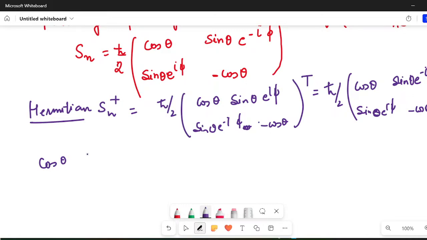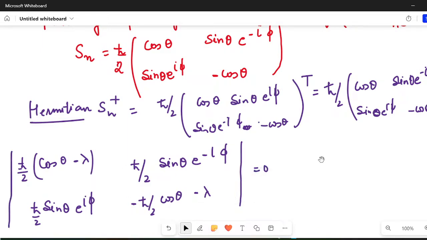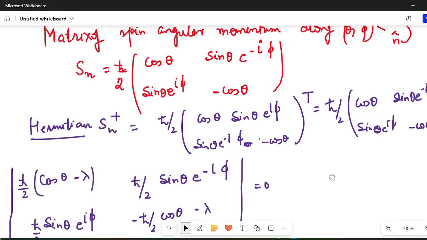It would be h cut by 2 cos theta minus lambda, and then you will have h cut by 2 sin theta e to the power minus iota phi, and here you will have h cut by 2 sin theta e to the power iota phi, and here you will have minus h cut by 2 cos theta minus lambda, this determinant, and this is equivalent to 0. I think minus was there somewhere.